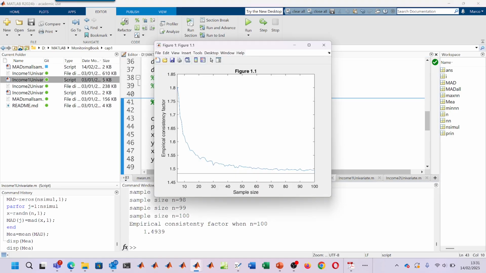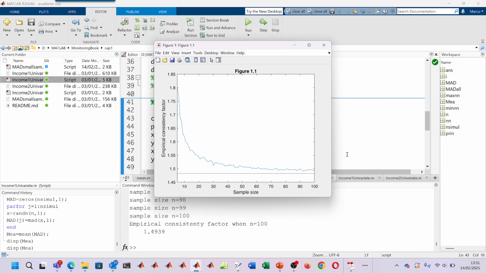The bottom horizontal line is the asymptotic value, that is, of course, constant over the whole sample size, and then we see that even for samples of size 100, a slightly larger consistency factor is needed, and as the sample size reduces, larger and larger consistency factors are needed to, on average, get an unbiased estimate of sigma.